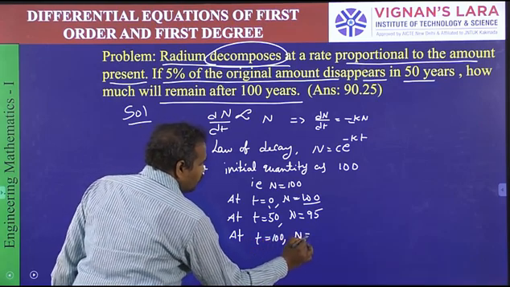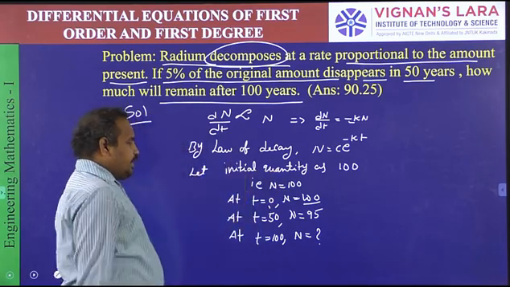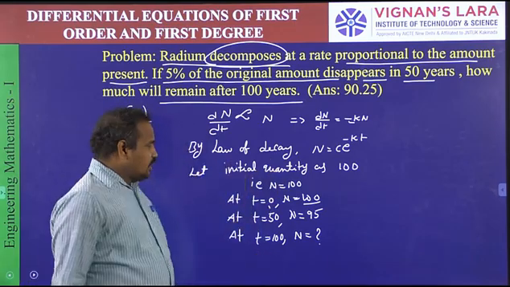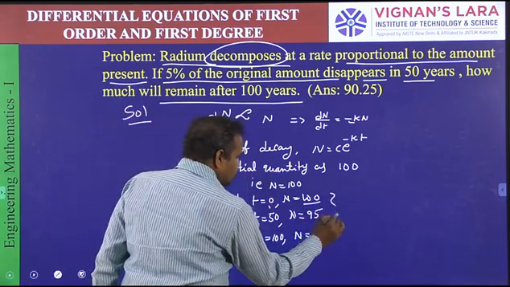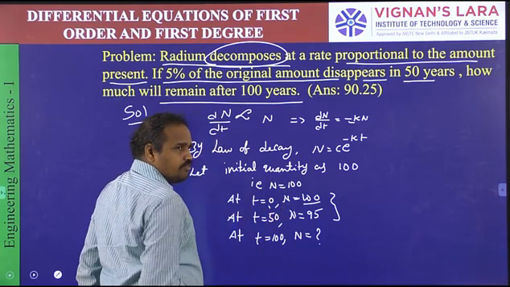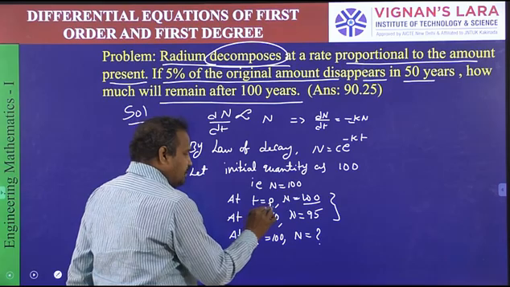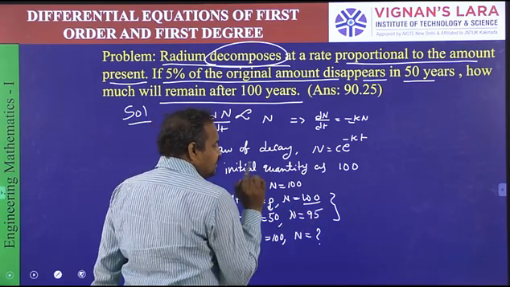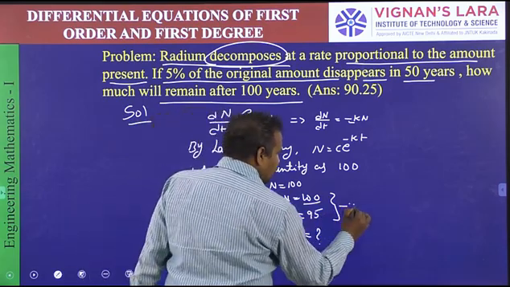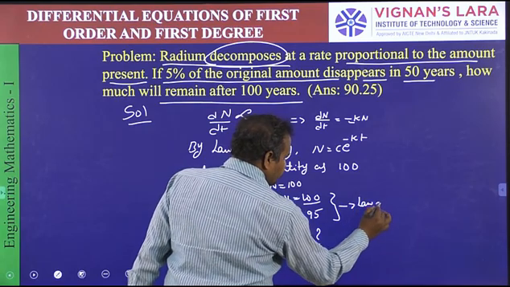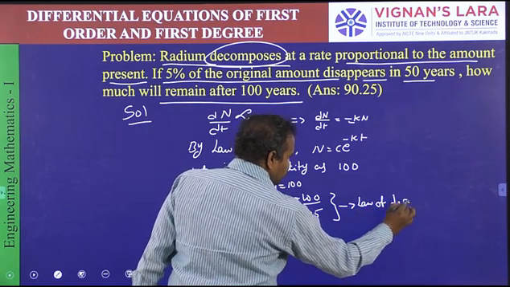What is the value of N at t is equal to 100? See this: at t is equal to 0, N value is 100. At t is equal to 50, N value is 95. As time increases, quantity is decreasing. That is called the law of decay.